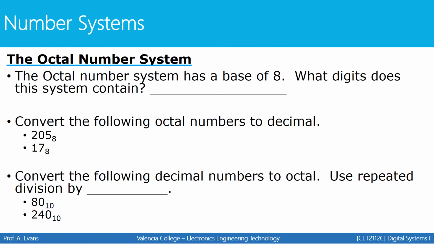Think about what might change in our calculations or in our place value tables or in our division tables, and see if you can apply the concept on your own to these questions. So take a pause. This is sort of like a self-check. If you can figure out these answers, then you're on the right track for understanding number systems. So when you're ready, come back and the solutions will be on the screen.